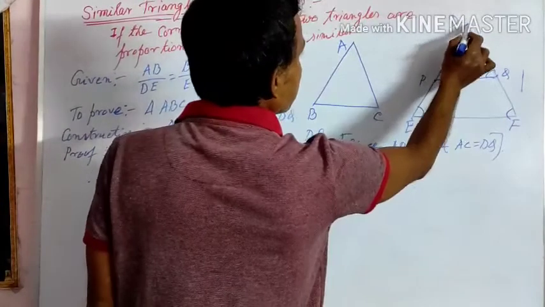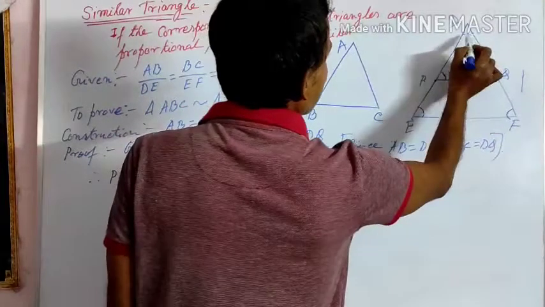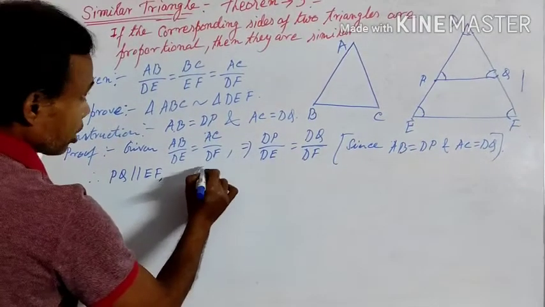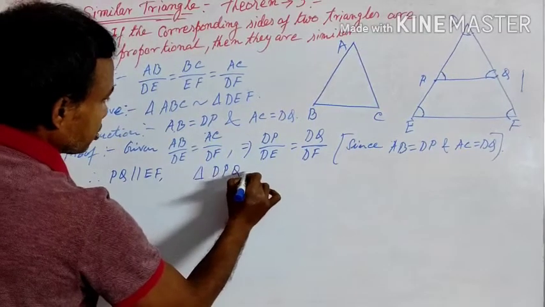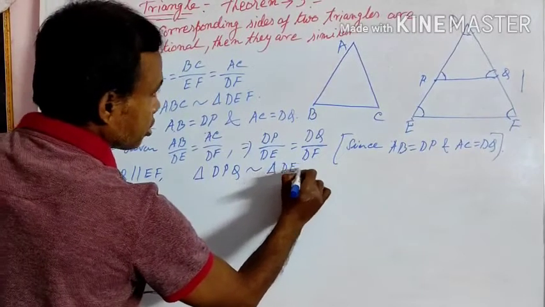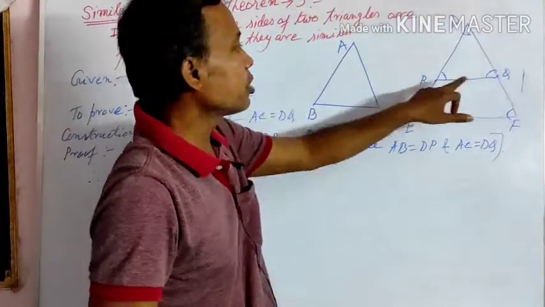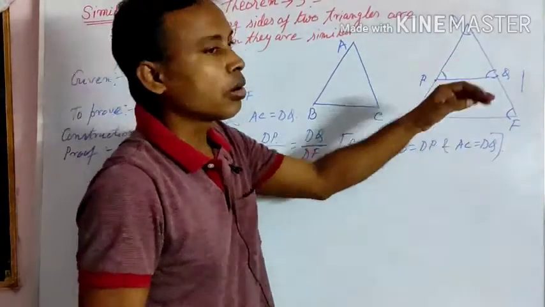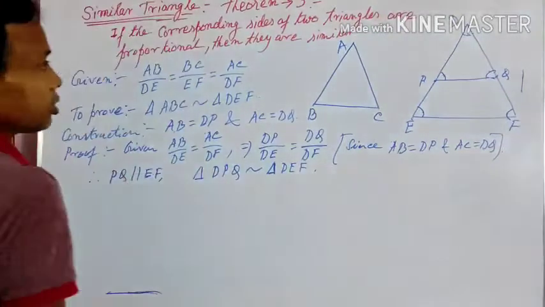So triangle DPQ is similar to triangle DEF, because all angles are equal. Therefore two triangles are similar.